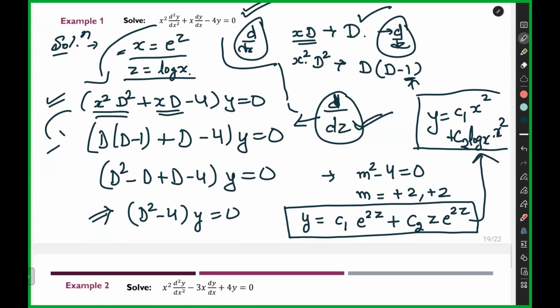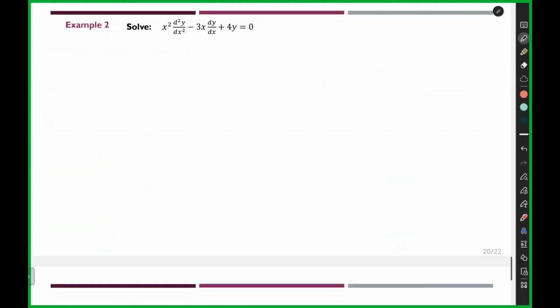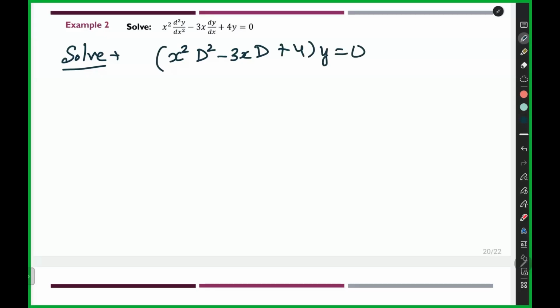Now we have to do the next question. This is a similar type. You can try it on your own, and I can also solve it in short form, whatever I have explained to you. It can be written as this, with the new substitution D into D minus 1, minus 3D plus 4.